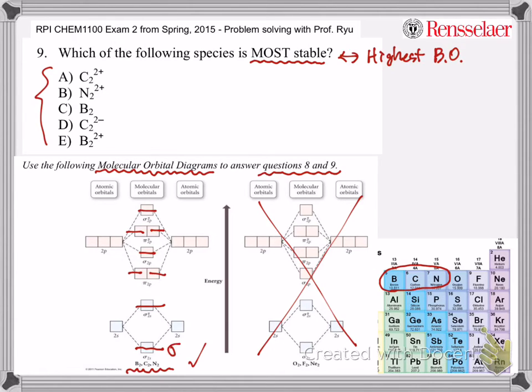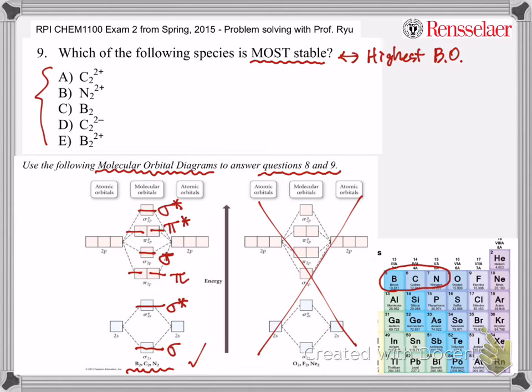So sigma, sigma star, pi, sigma, pi star, sigma star. These are the energy level ranks of the molecular orbitals in the lighter diatomic molecules.